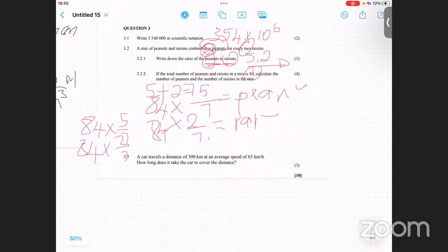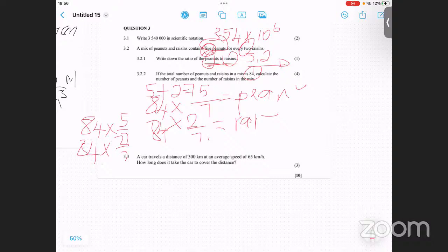How long does it take the car to cover the distance? Now they want to know time: how many hours, how many minutes, how long does it take the car to cover the 300 kilometers if it travels at a speed of 65 kilometers per hour.